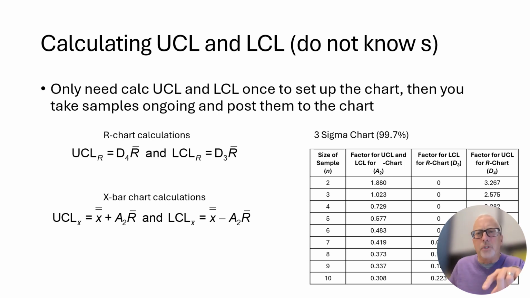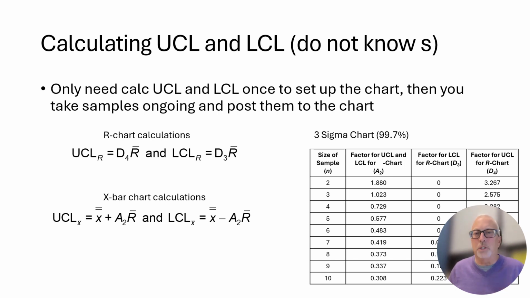You'll notice on this one I marked that it's a 3 sigma chart. You should recognize that from statistics, because we often say 2 sigma is a 95% confidence and 3 sigma is a 99.7% confidence. The problem should always tell you which chart to use, or it will provide the chart so you don't have to worry about it.